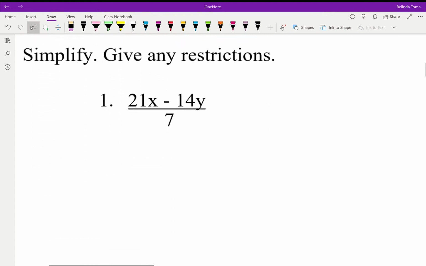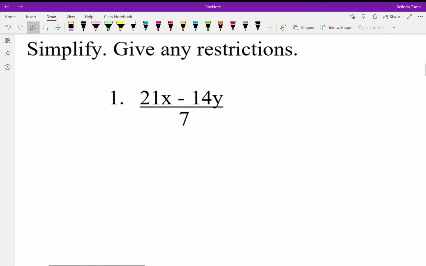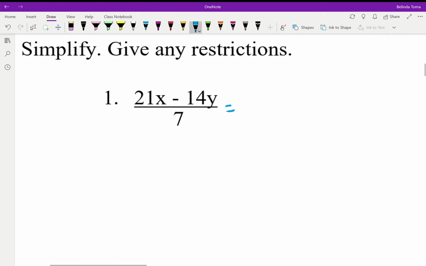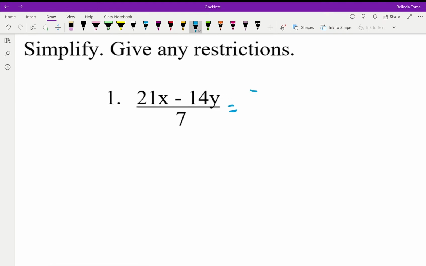All right, so we're going to start with our first example, and the directions tell us to simplify and give any restrictions. So in this first example, what I see is that we have a GCF in the numerator, and we talked about wanting to take out common factors before we simplify.